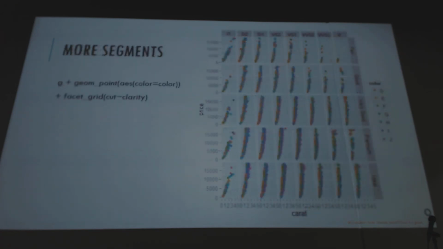Yes, even more. So look at this. It's beautiful, right? You have carats and you have price. Within each category, you have, I think, fair, good, very good, premium, and ideal, which was the quality of cut, right? And then there was another variable. What was the first one?